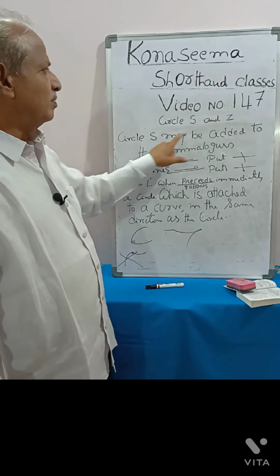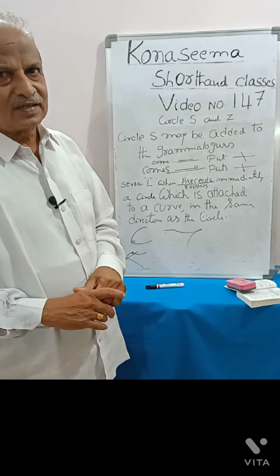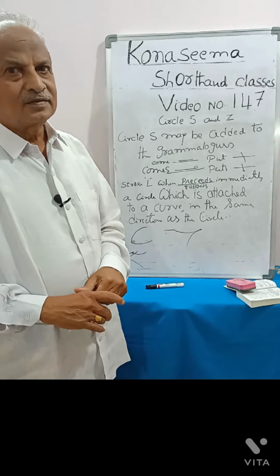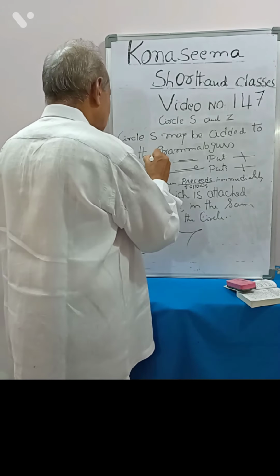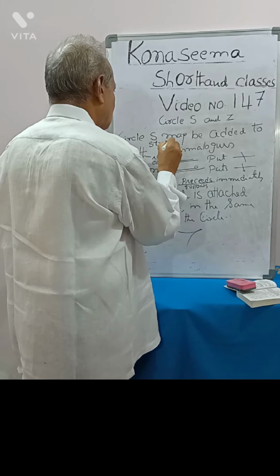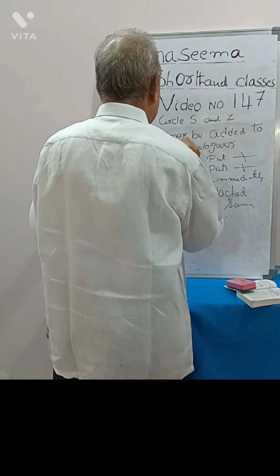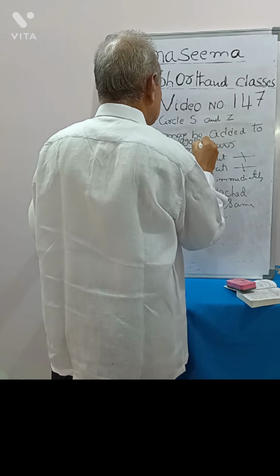Paragraph number 44. Circles may be added to the grammalogues. What types of grammalogues? To the stroke logograms. Instead of grammalogues, we will write logograms.